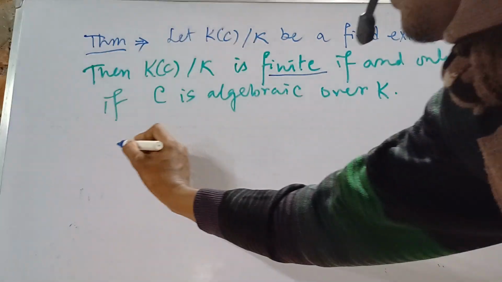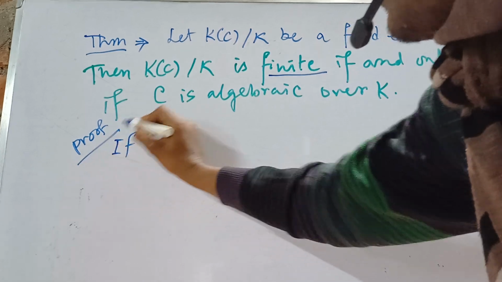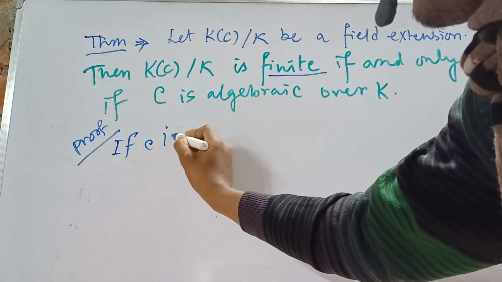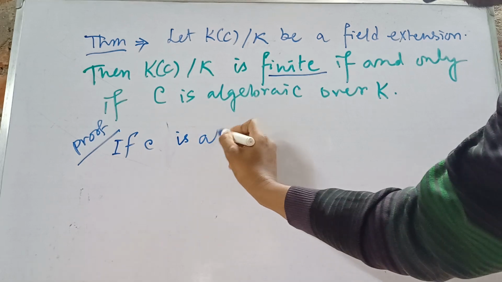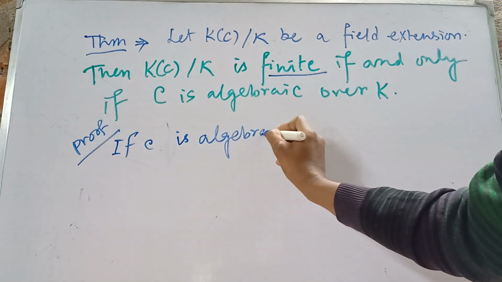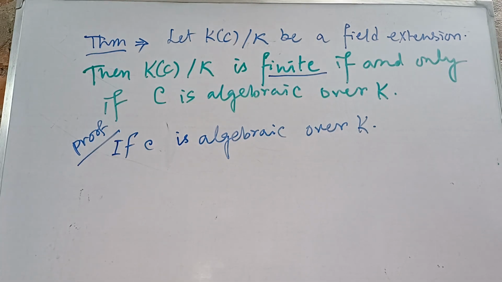And now the next part: if c is algebraic over K, then what happened?